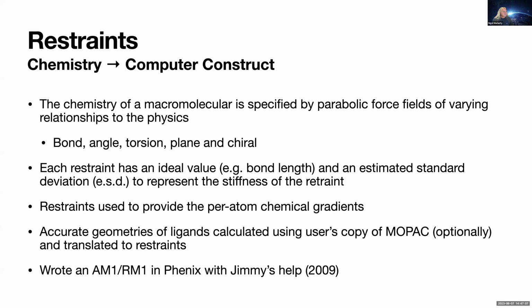Each of these has an ideal bond length, for instance, in the case of a bond, and an estimated standard deviation, which represents how stiff that restraint is. So, for instance, a sulfur bond is going to be not as stiff as a carbon-carbon bond because of the characteristics of the bond. And these are used to calculate gradients so that you can weight the chemistry against the experiment.